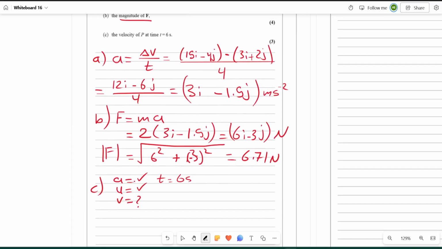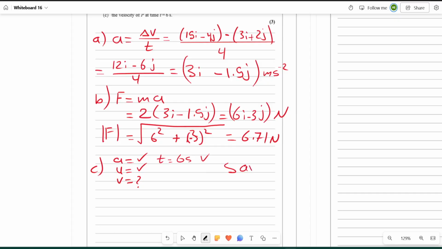So I have acceleration, time, initial velocity, and I want final velocity. So the only quantity out of the 5 that I didn't mention is displacement, okay? So I'm going to use the kinematics equation, the SUVAT equation, the one that does not include distance, which is basically v equals u plus at.